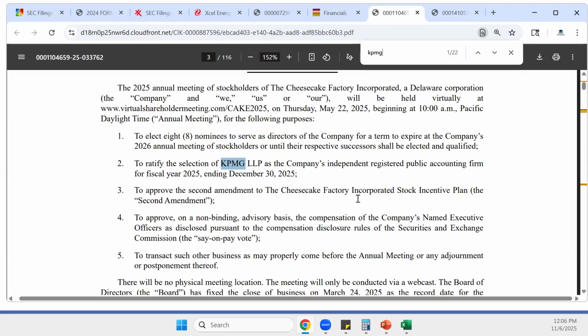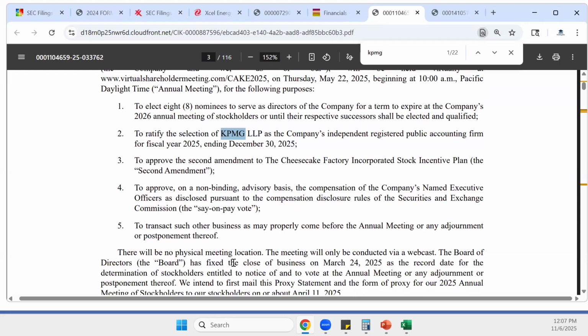Do we approve the stock incentive plan, the management stock options and stock bonuses for management and also all the other employees? Non-binding advisory basis, basically approving executive pay. They're letting shareholders have the say on pay vote as part of the SEC rules. And then also approving any other business that might occur at the annual shareholders meeting. So let's see.